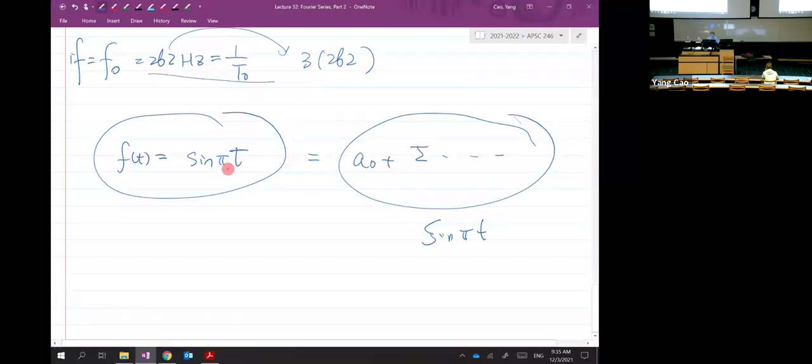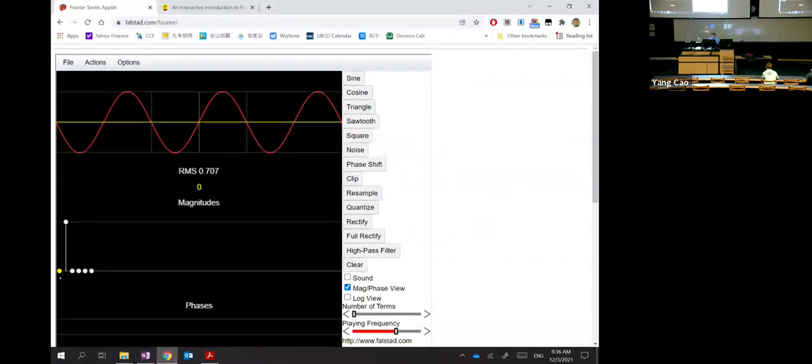Why? How many frequencies exist in the original periodic function sine pi t? Only one, right? Omega is pi. And this is actually what you see here. It doesn't matter how many terms you give, you only have one frequency at the fundamental frequency for a sinusoidal curve.